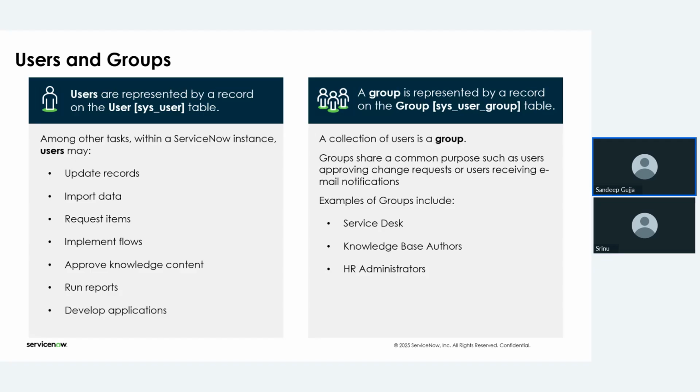Simple. Okay. Then after that, if you see, guys, there are some examples like service desk, knowledge base authors, and HR administrator. These are the different groups that are available in our instance. One more point that we need to discuss here is, coming to the user, we can define the groups over there and we can define the roles over there.